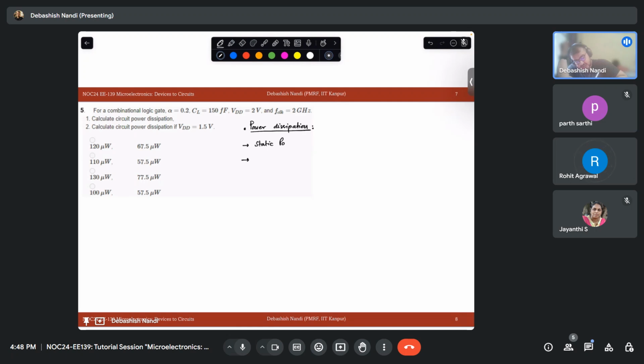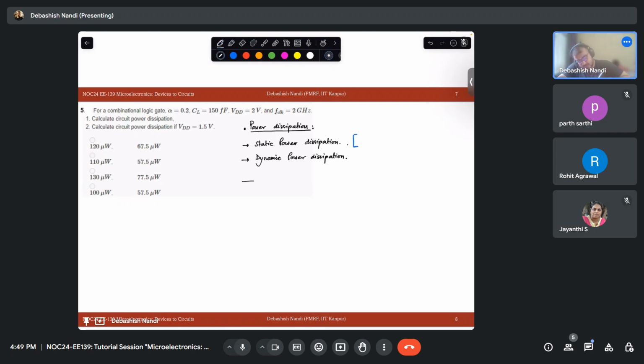Your static power dissipation and your dynamic power dissipation. So first tell me what is static power dissipation and why does this happen? Basically, what do you mean by power dissipation?